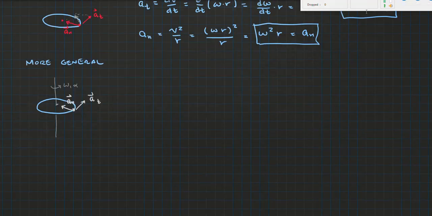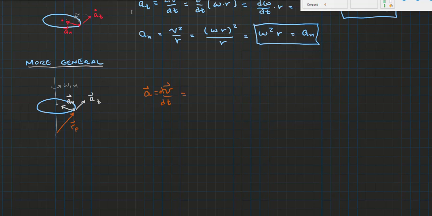Of course, we have a more general representation of all this with vectors. And again, we'll want to draw a position vector from somewhere on this axis to this point. And we know that the acceleration equals the derivative of velocity with respect to time.